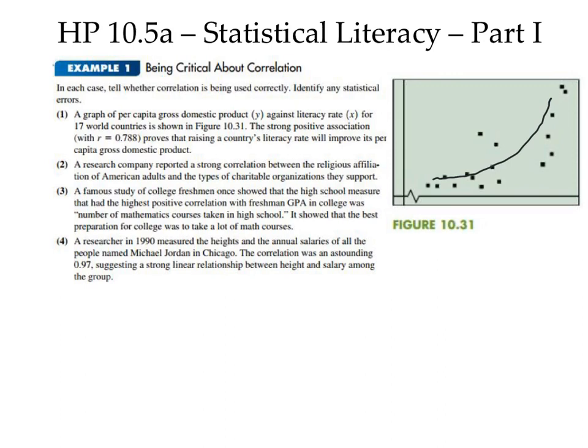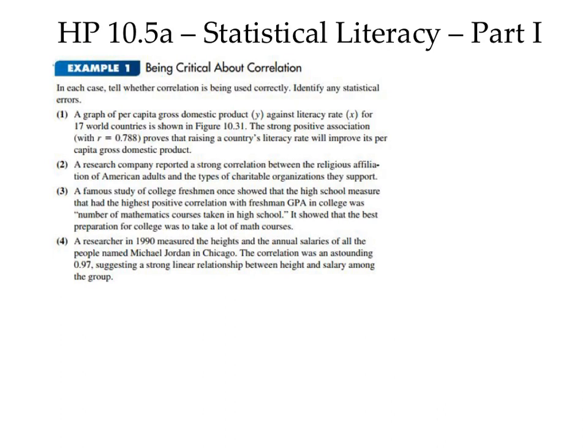The biggest error, however, is jumping to the conclusion that because there's an association between two things, there's a causality. Remember, they could both be due to a third thing. Increasing the literacy rate could have no effect at all on the per capita gross domestic product.